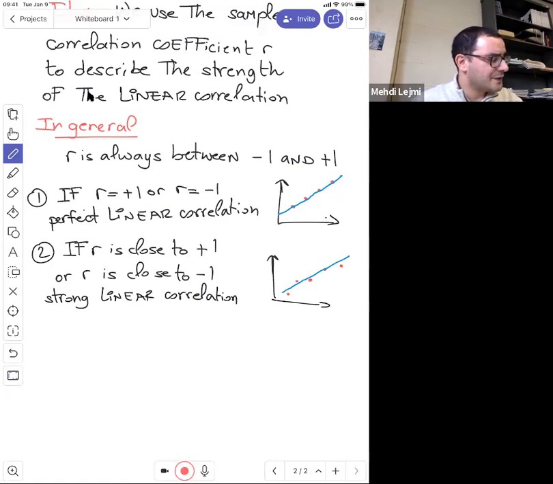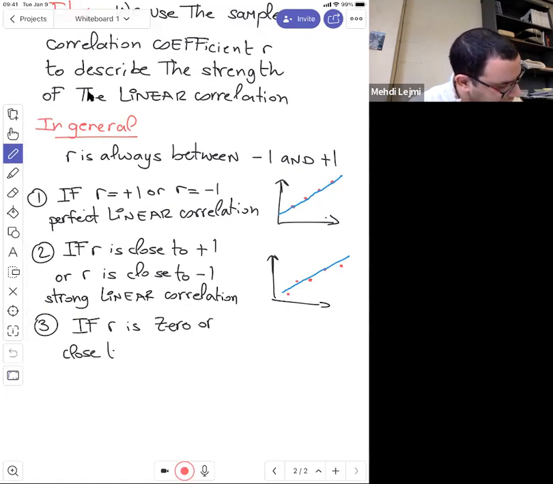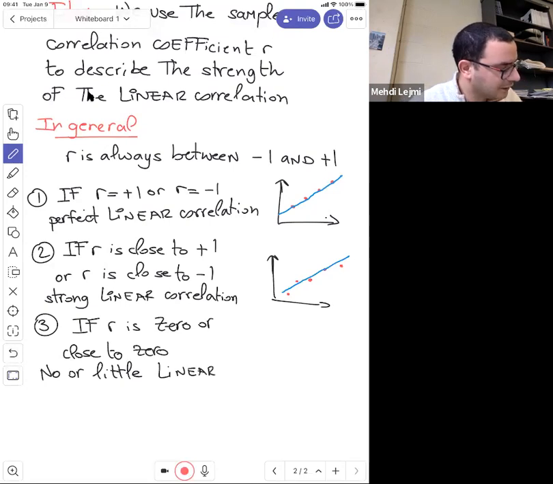Now, if R is 0 or close to 0, then we have no or little linear correlation, or a very weak linear correlation.